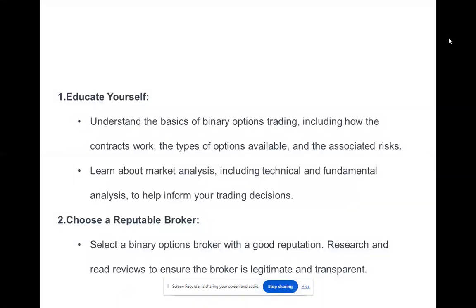Someone that has never known anything about binary trading or financial trading or the forex market cannot easily dive into trading without finding the source, or let's say without finding the topic to trade with.